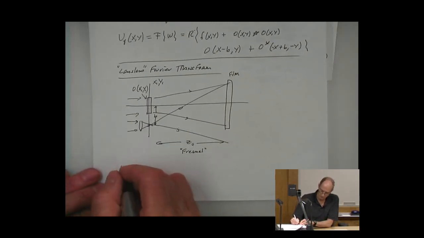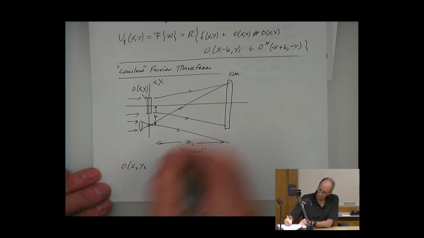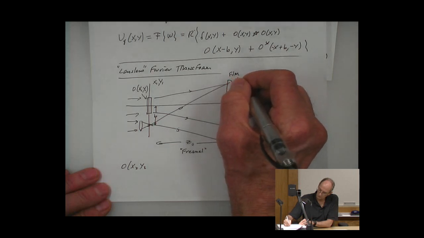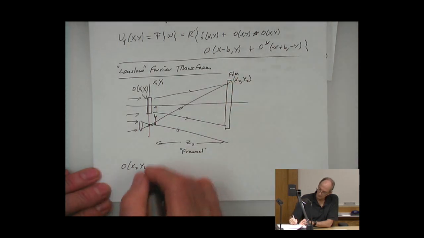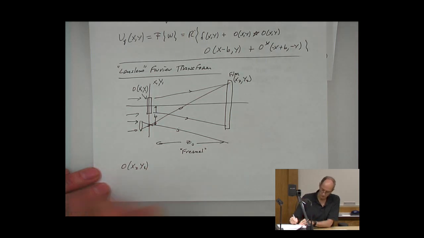So the object field that we're going to have then is O of x2, y2. The film coordinates are the sub 2's.